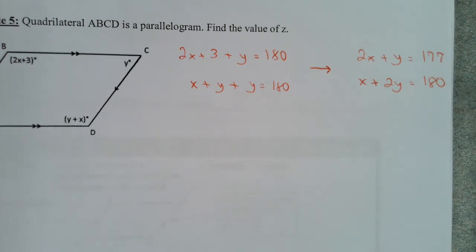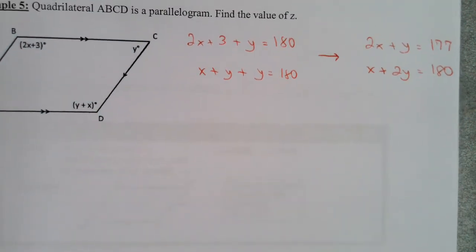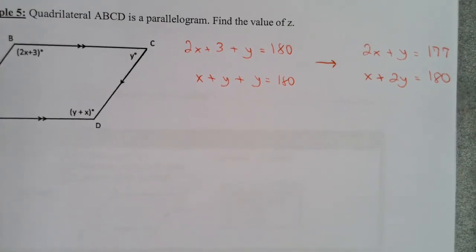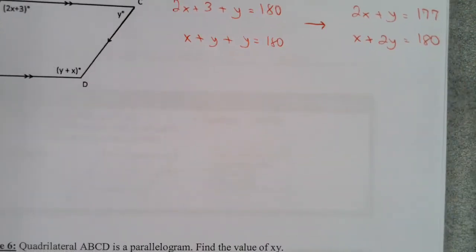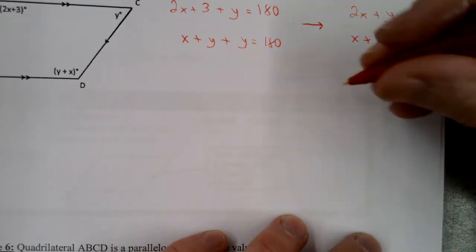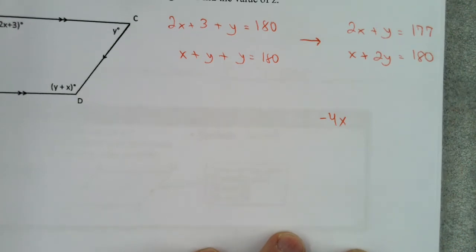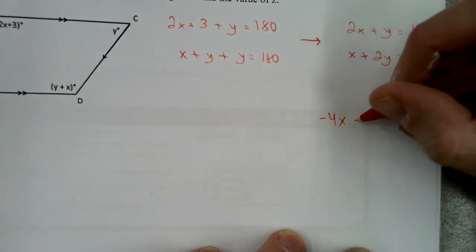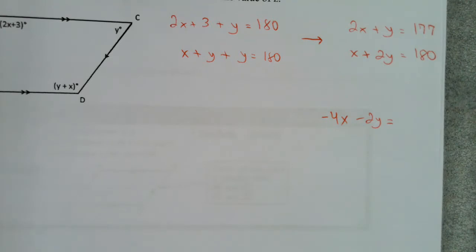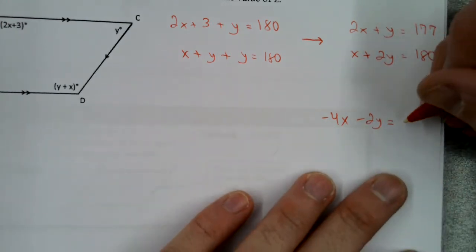Okay, so I will solve this one using elimination. I'm going to multiply everything in my top equation by -2 to get the following. I'll get -4x minus 2y equals 177 times -2, which is -354.